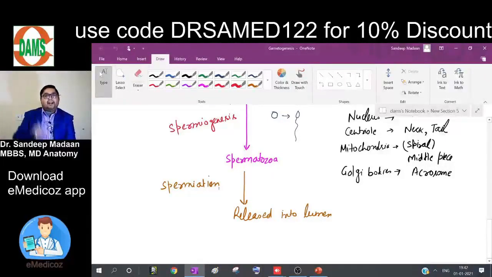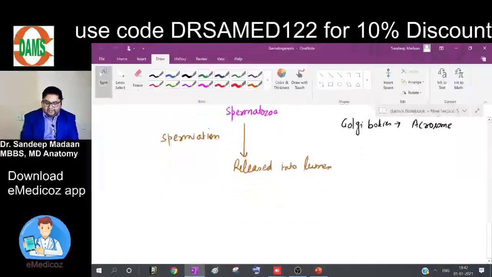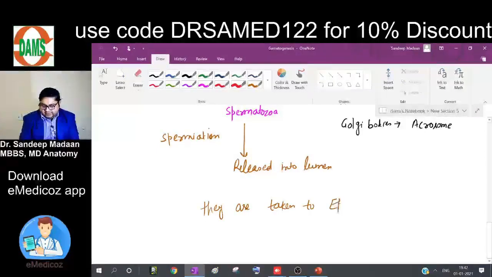So they are taken to the epididymis for storage and maturation, right? Let us write down. So now they are taken to epididymis for storage and maturation.